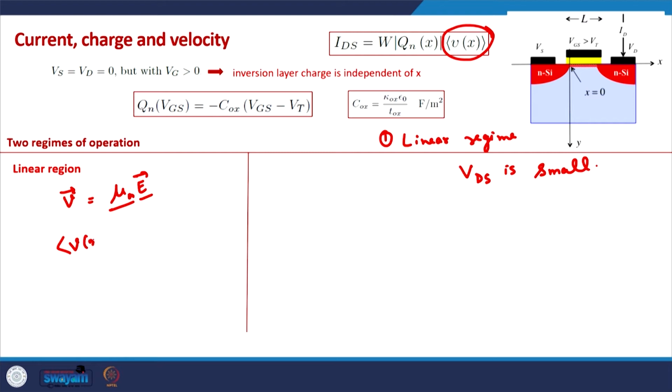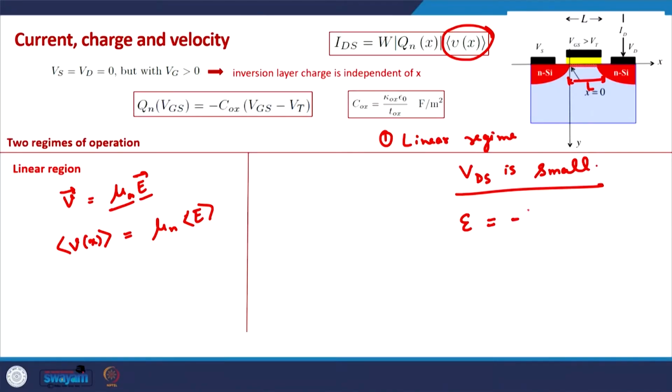So, the average velocity will be mobility times the average electric field. And in the linear regime, when VDS is small, the electric field can be written as, if the channel length is L, as we have seen earlier, that in the linear regime when VDS is small, the electric field is almost constant because the drop of voltage is linear in the channel.